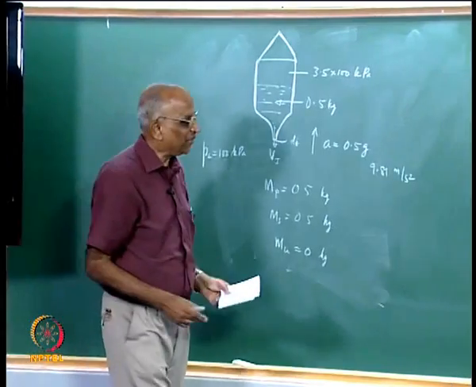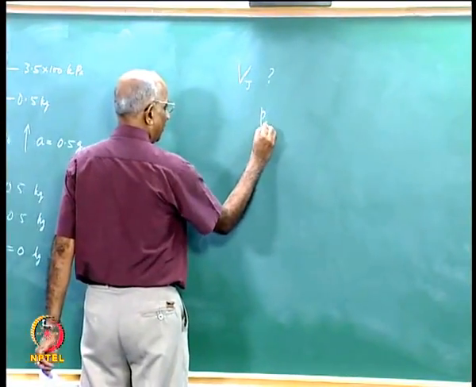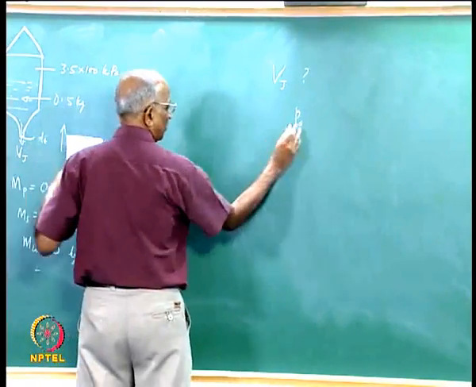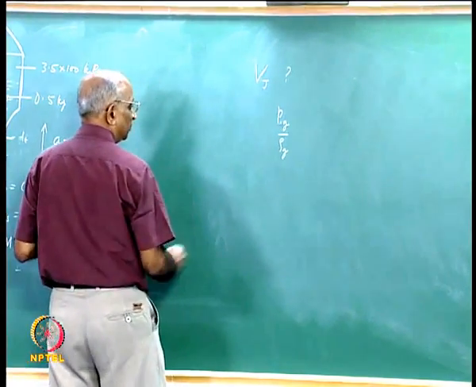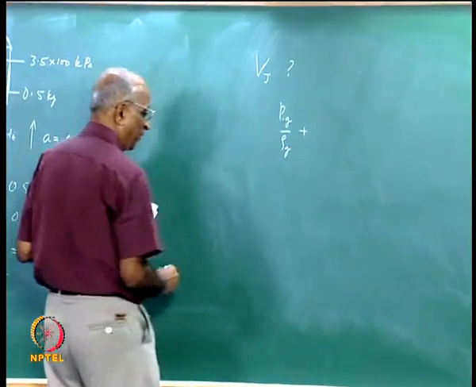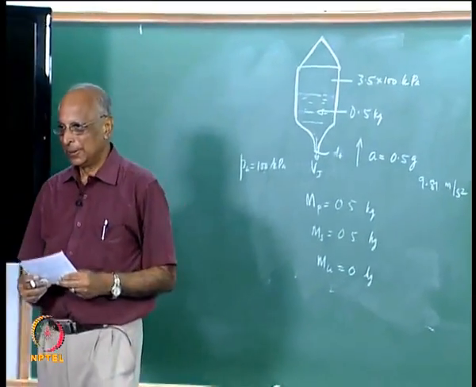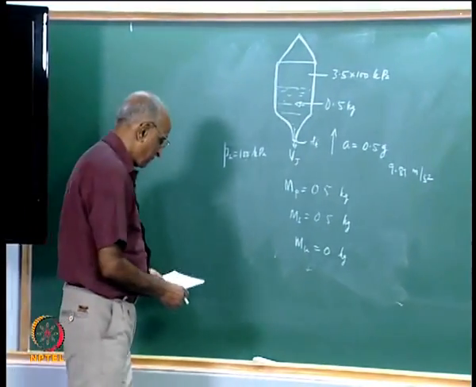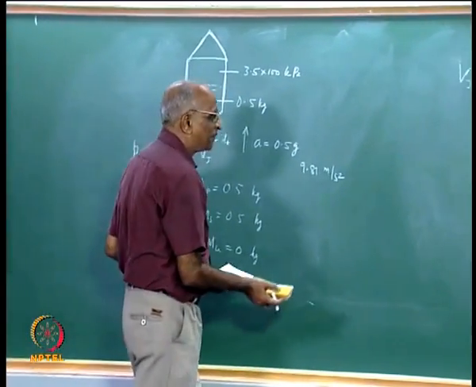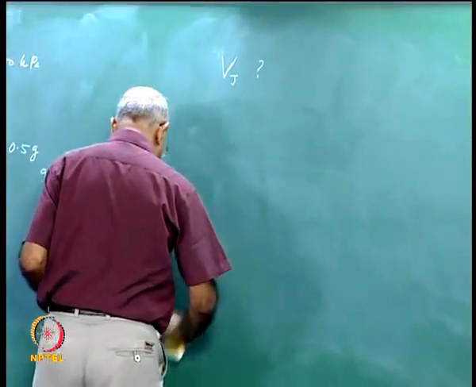Maybe from Bernoulli's equation we can say P for the compressed air, or compressed gas, let us say, P by rho plus what? How will I write the equation? How do I calculate the value of Vj is a question.